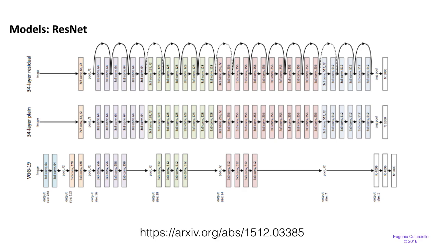The latest model that was one of the most efficient and most effective is the ResNet model, or residual network, from Microsoft. If you look at VGG, this is actually a very deep network where all the layers are about 3x3, but they also introduce between two modules a skip connection.